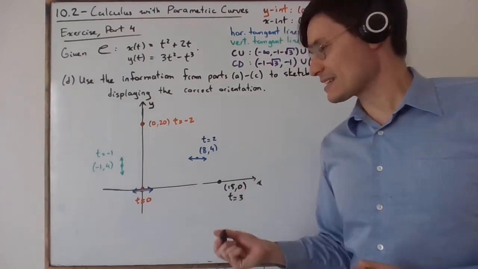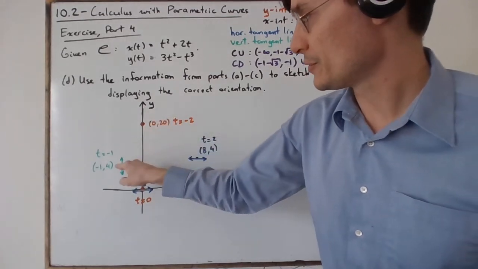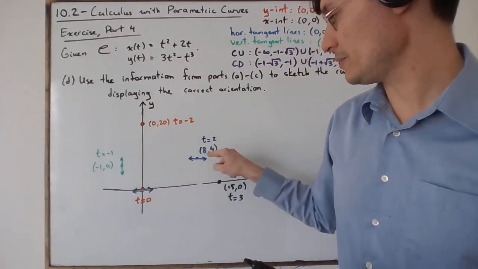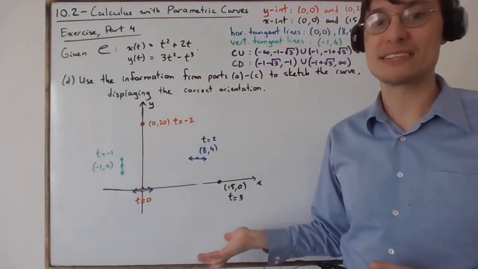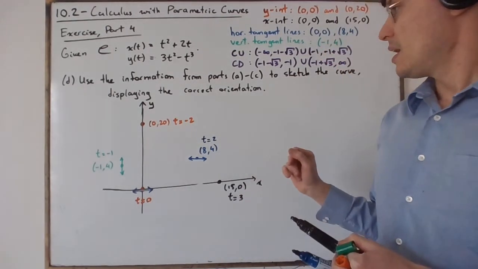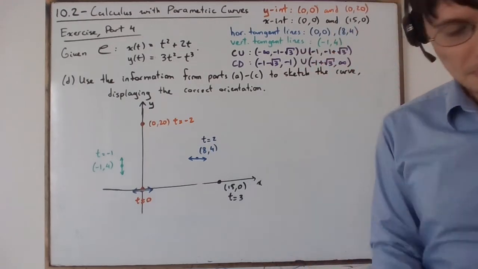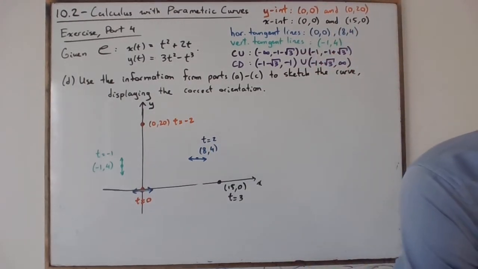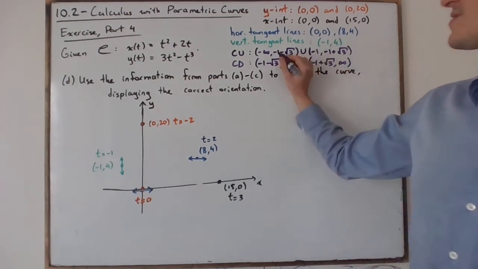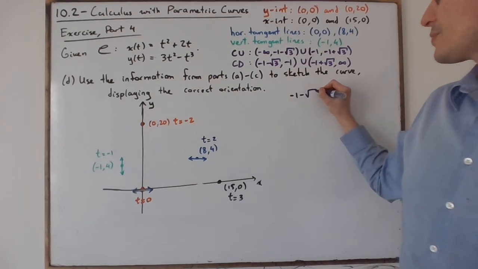First of all, that's helping us for the orientation because we know that the curve is going from here to here, to here, to here, to here, and so on. Then we just need to have the concavity. The first thing to note is this value, -1 minus root 3.